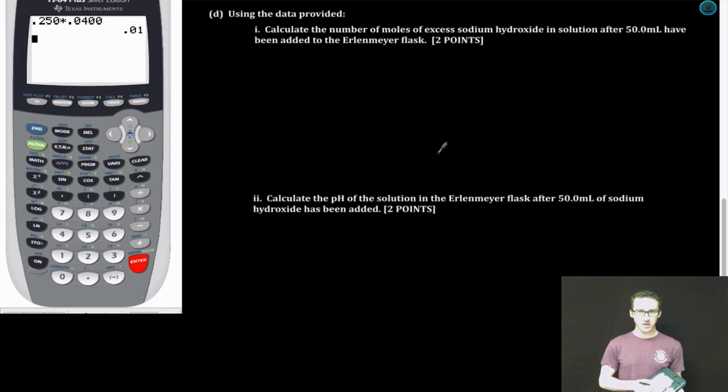Subpart I. Calculate the number of moles of excess sodium hydroxide in solution after 50.0 milliliters have been added to the Erlenmeyer flask. Once again, I'm going to turn to my trusty molarity equation. I know that the concentration of my sodium hydroxide solution is 0.250 molar.